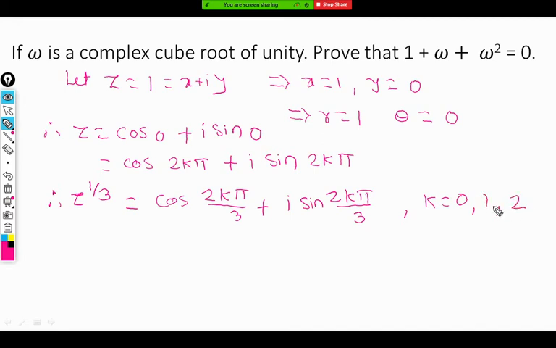This gives us all three roots of unity. Therefore, z1, the first root, for k equal to 0.